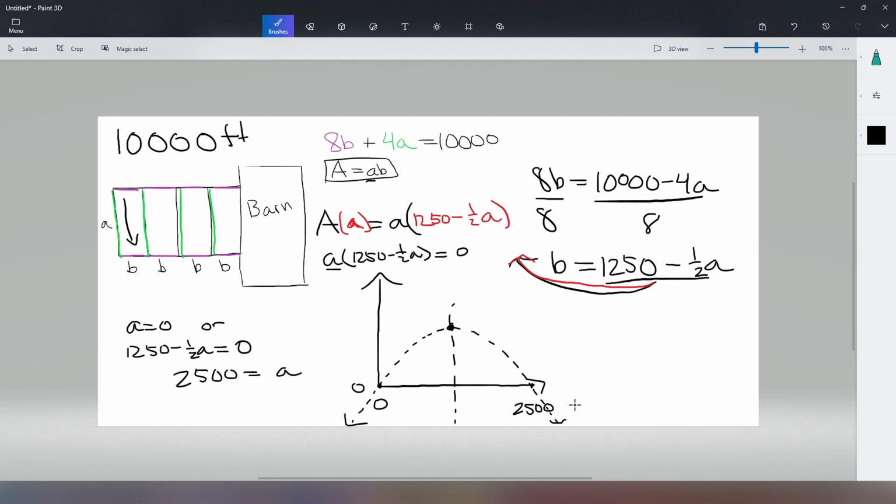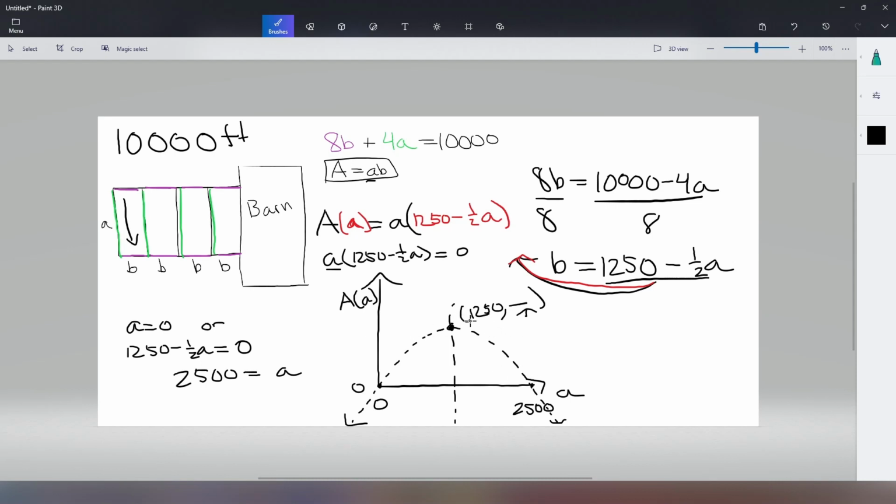So what's in the middle of 0 and 2,500? That's going to be 1250. No calculator needed. Our x-axis is representative of A, and our y-axis is representative of area in terms of A. This is not the same as B.